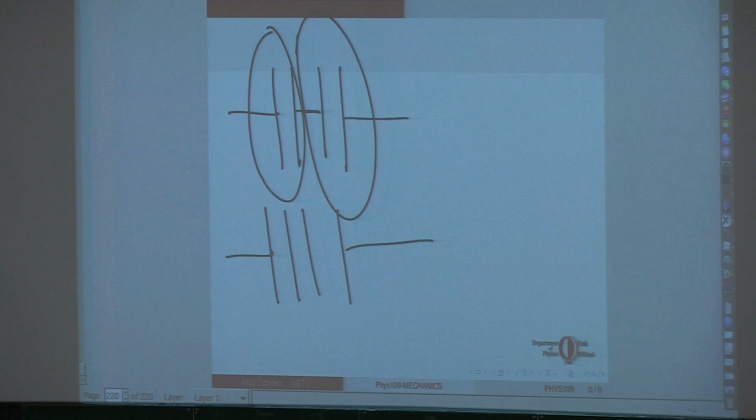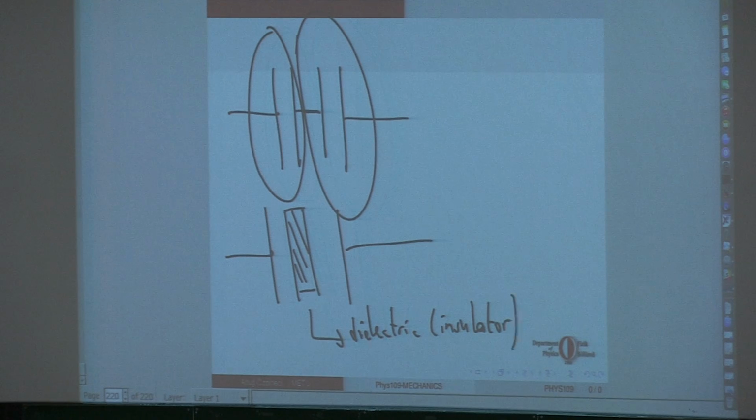These will have no effect. But then you can ask the question, what happens if we put some material over here? Some dielectric, an insulator. We will see whether it makes any difference or not. It does make a difference. This dielectric thing we will be discussing next hour.